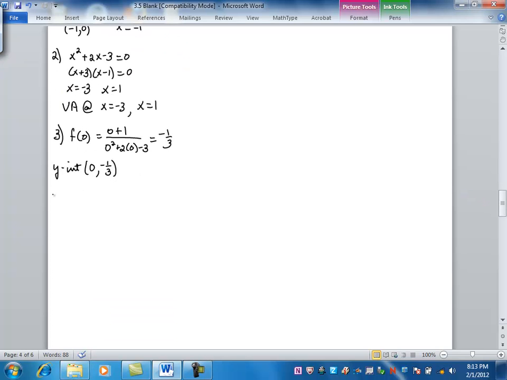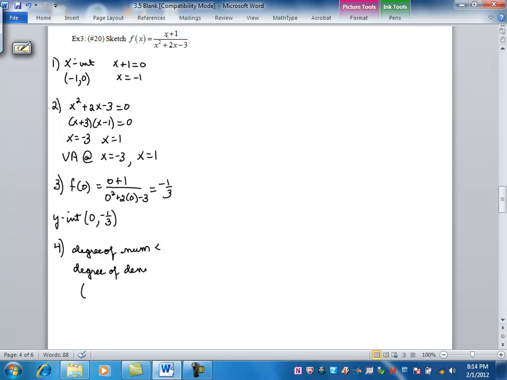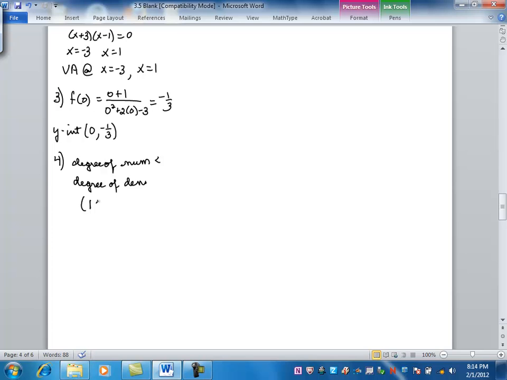Well, alrighty, the degree of the numerator is less than the degree of the denominator. In this case, first degree numerator, second degree denominator, so 1 is less than 2. Thus, y equals 0 is the horizontal asymptote.